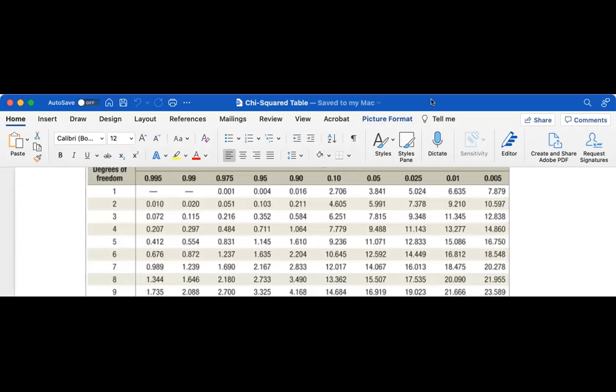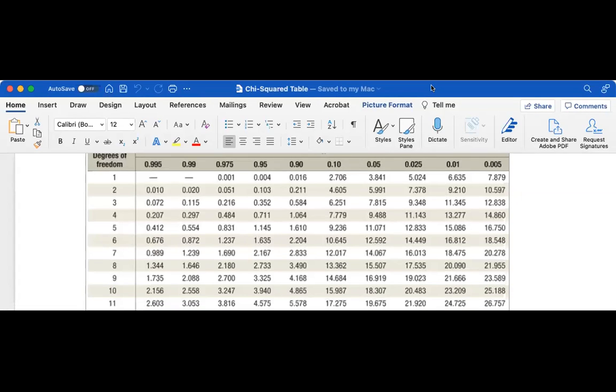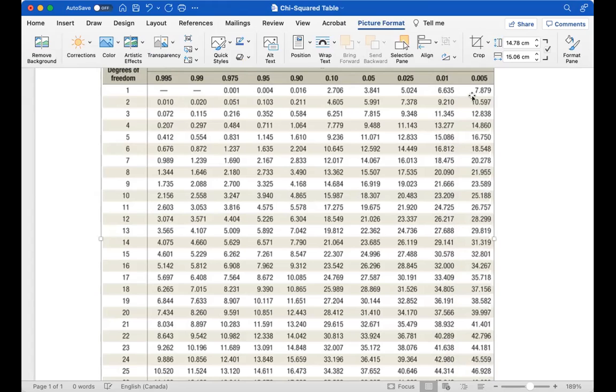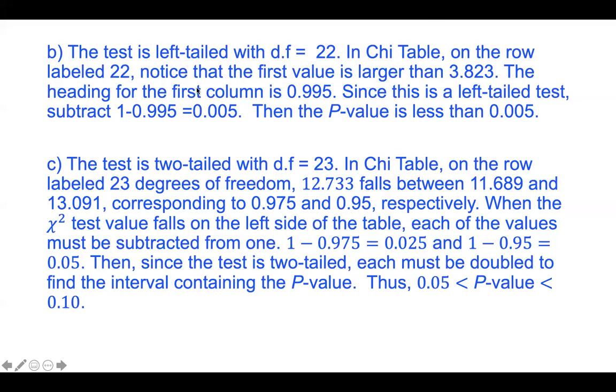However, chi-square gives us the right tails, so for a left-tailed test we take 1 minus 0.995 and get 0.005. So the p-value is less than 0.005.